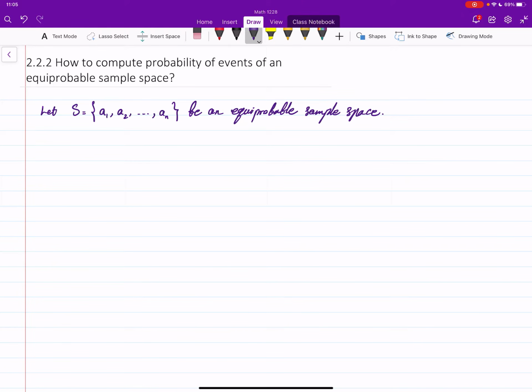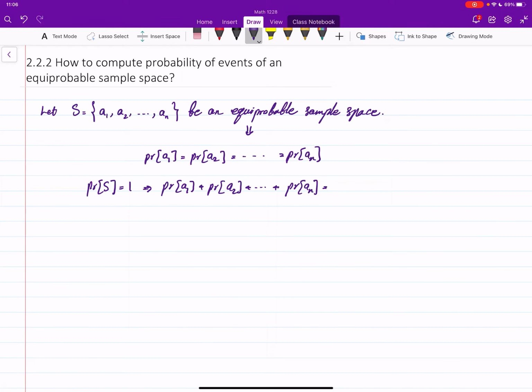What can we say about the probabilities of these guys? Being equiprobable means that the probability of A1 is equal to the probability of A2, and this will go up to the probability of AN. On the other hand, we know that the probability of S must be equal to 1. That means that the sum of the probabilities of all of these sample points, when you add them, you get 1.